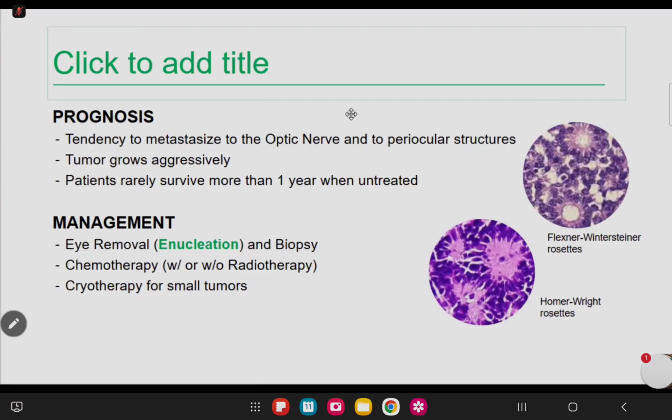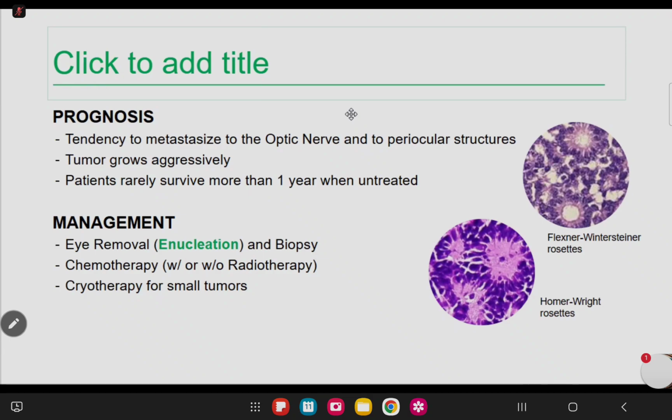The prognosis: tendency to metastasize to the optic nerve and to periocular structures is high. You know, so tumor grows aggressively and patients rarely survive more than 1 year when untreated. Management involves enucleation and biopsy to confirm the diagnosis, and an eye with long segment of the optic nerve.